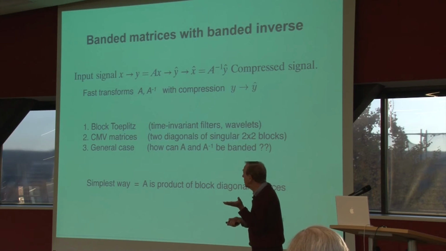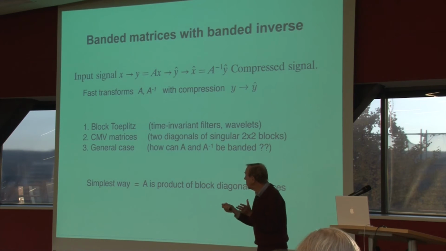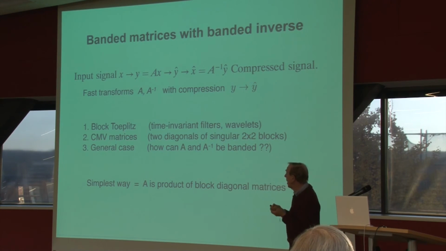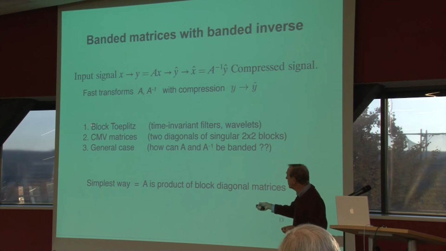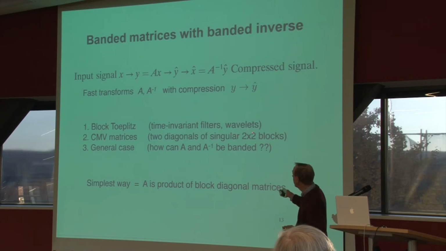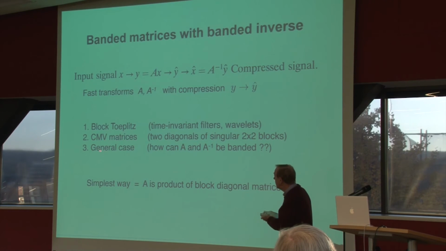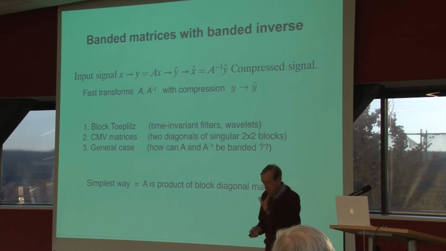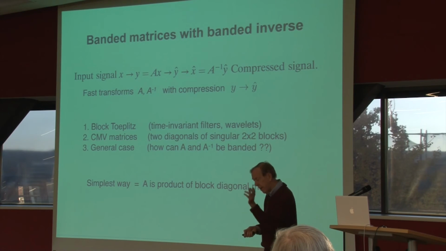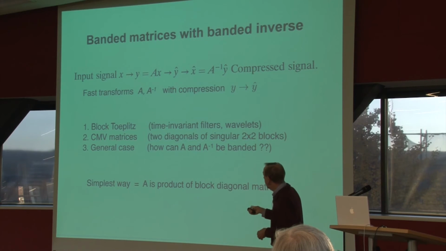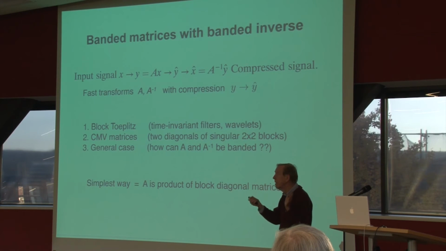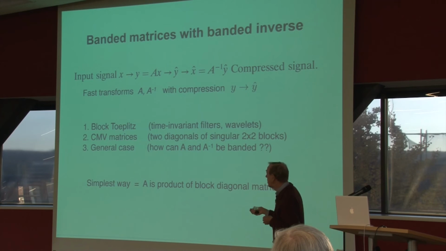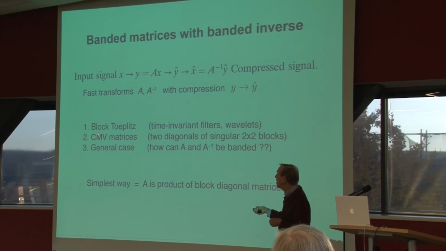And I want to ask, how could we describe a bigger class of matrices? The first ones we met came from wavelets. The second, this CMV matrix, is a family of matrices, banded of course, that have banded inverses, that made quite a big impression in physics.